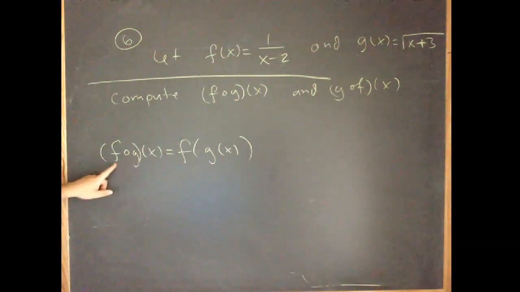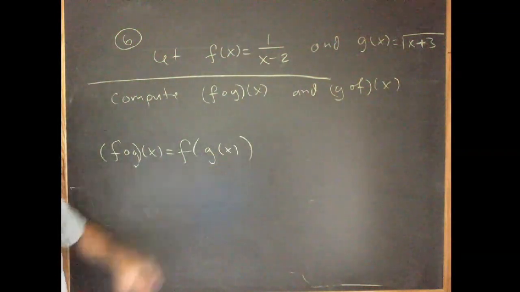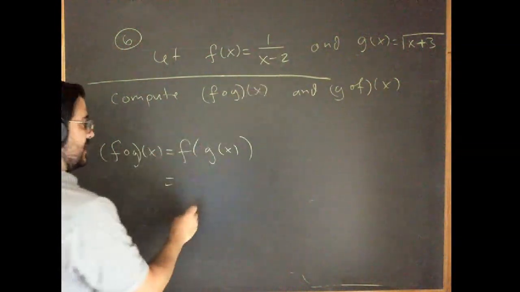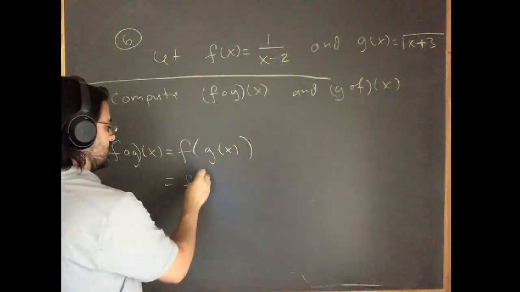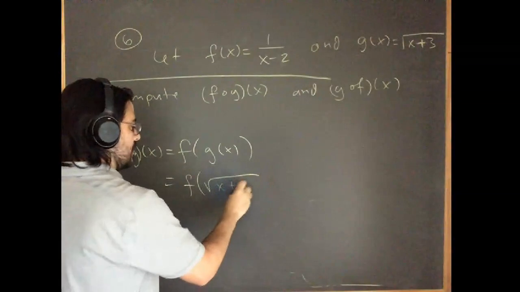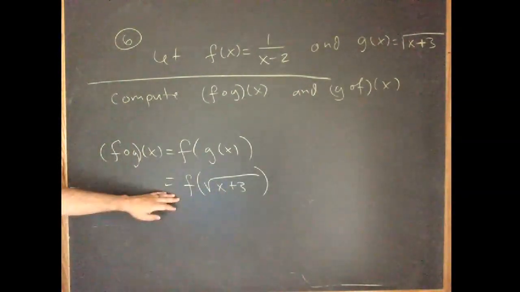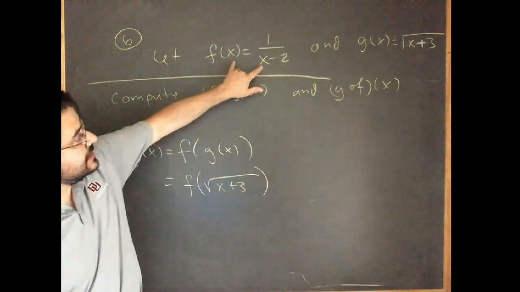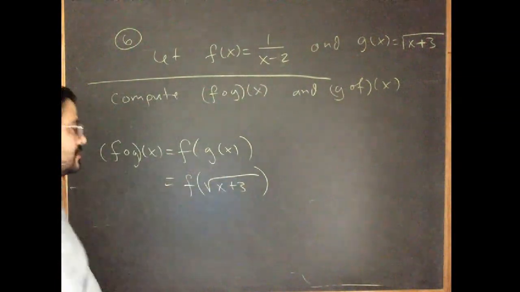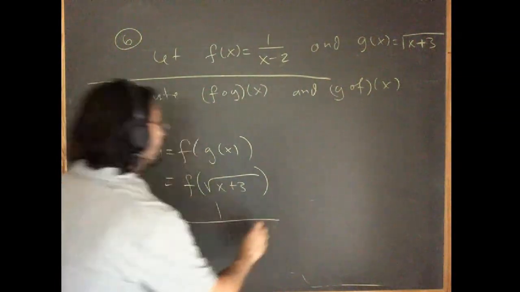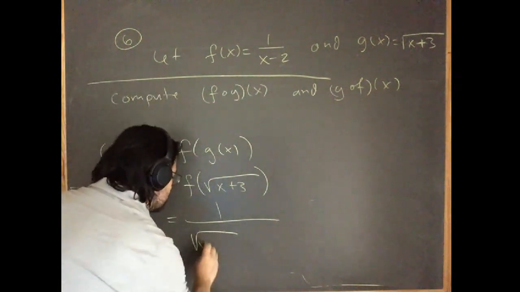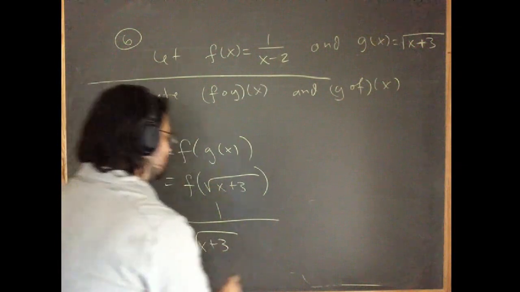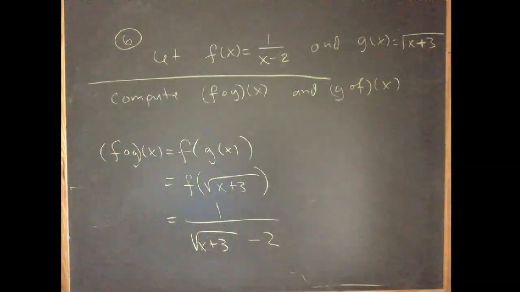And you write it in the same order, right? So f of g of x. g of x was that square root of x plus 3. So this is f of the square root of x plus 3. And then here, now everywhere you see an x in this formula, you replace it with the input. So this is just going to be 1 over the square root of x plus 3. And then you subtract 2 from that.